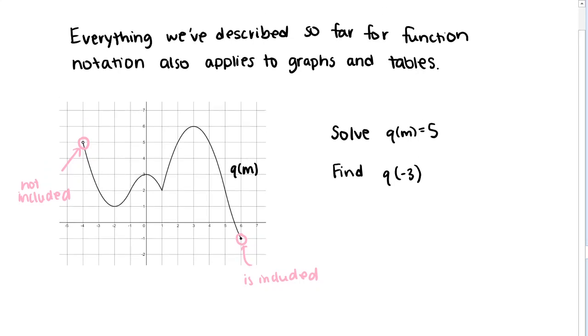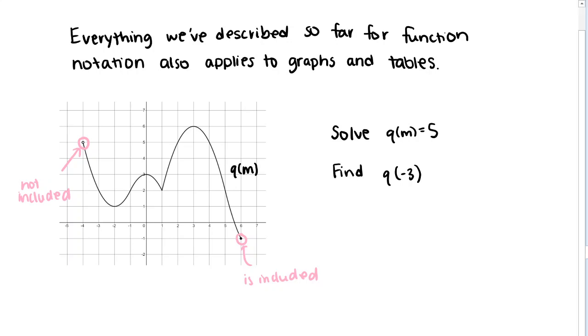Okay, so here when we say something like solve Q of M is equal to 5, again this just means find the corresponding inputs that lead to an output of 5. An output of 5 is like saying our vertical coordinate should be 5.